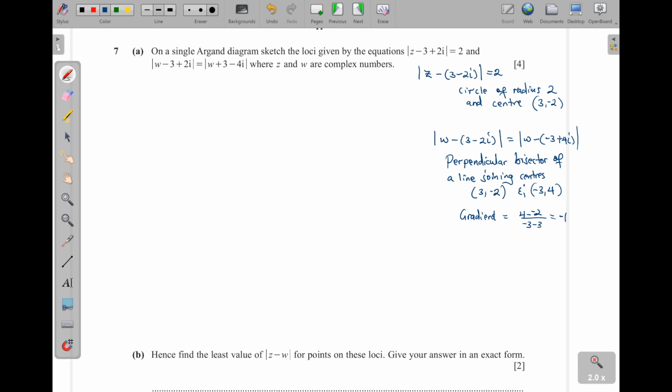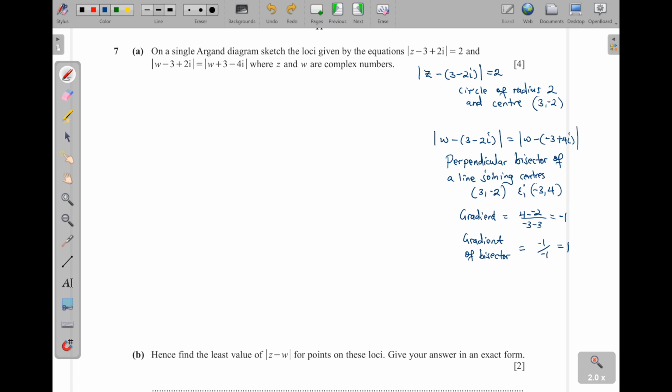Then that means the gradient of the bisector is going to be negative 1 over this negative 1. You know, for lines which are perpendicular, m1 times m2 is equal to negative 1. So this one will give us a 1. Okay, and you know that a perpendicular bisector passes through the midpoint of a line segment. You get that?